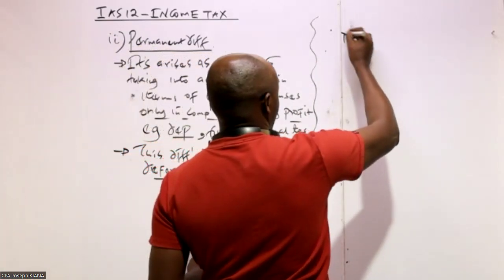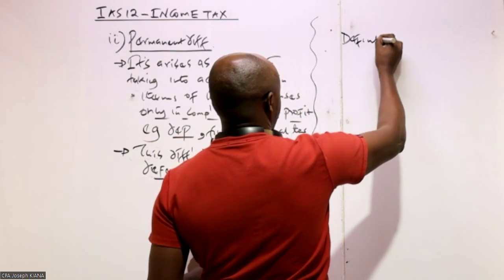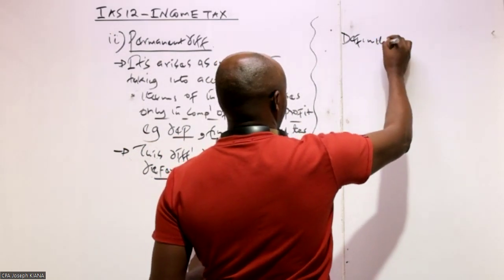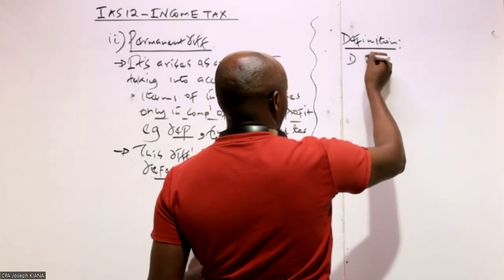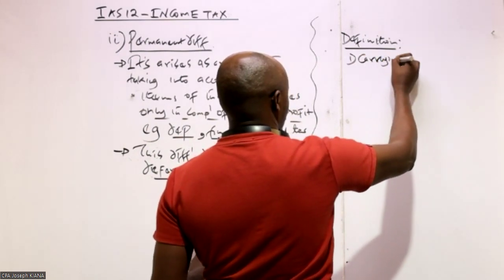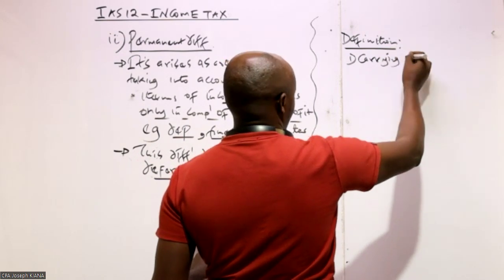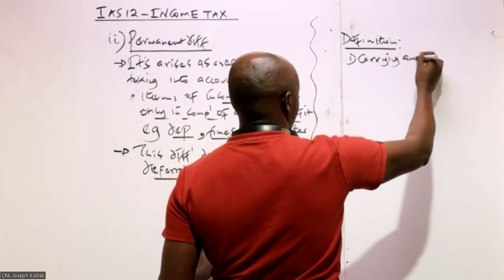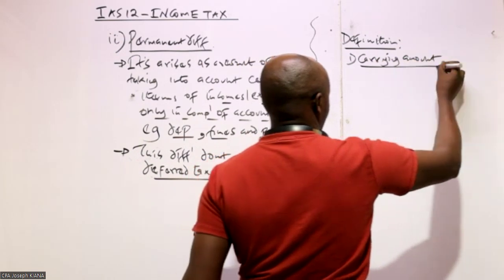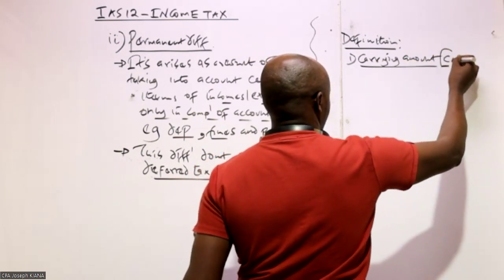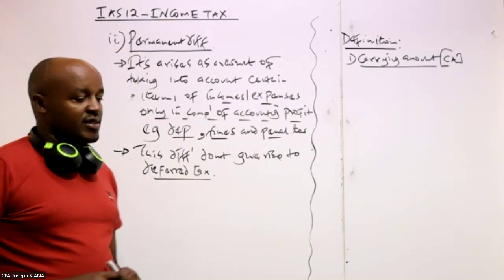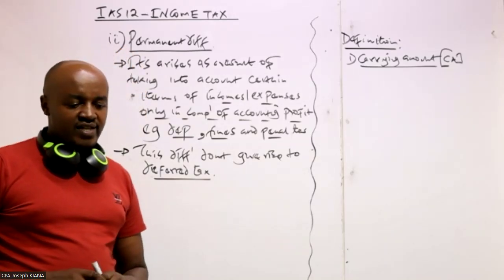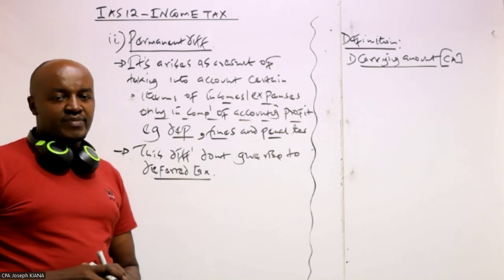Before we look at how we compute the deferred tax, there are a few terms we need to define here, which we are going to come across in looking at how we compute the deferred tax. The first term is something called the carrying amount, abbreviated as CA. So carrying amount here is the value of an asset or liability in the statement of financial position.